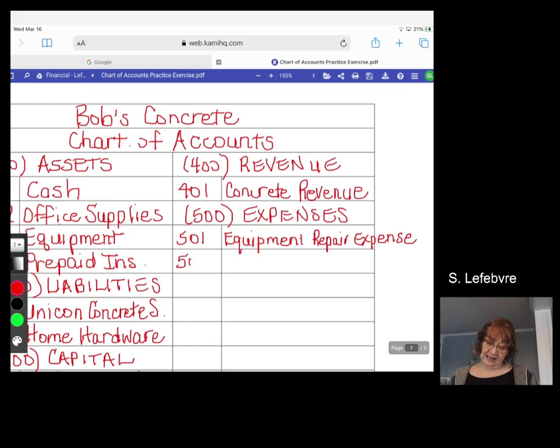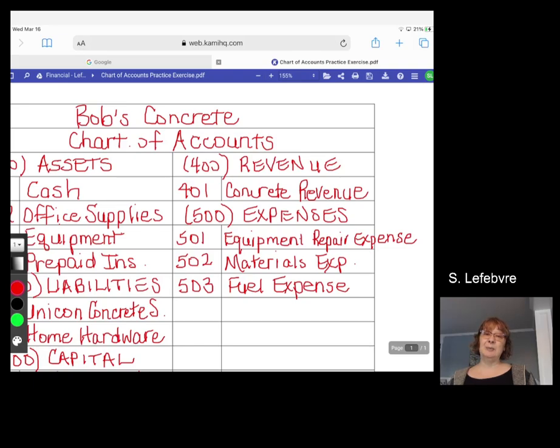Okay, and our second account we're given here is materials expense. So I'll just abbreviate it there, but I do have the expense there. And then our third one, staying in the 500 category, is fuel expense. And it seems to be a bit repetitious, always putting that expense down when we know we're in the expense category.